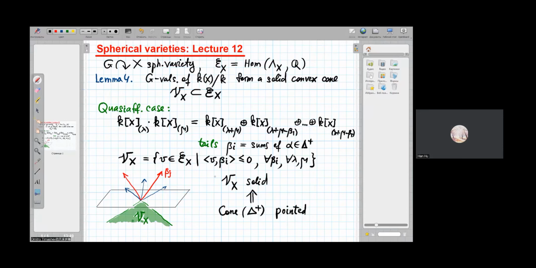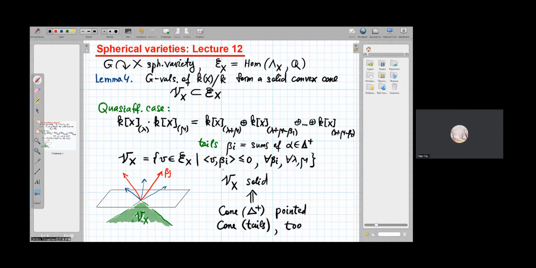And the cone spanned by tails is a subcone in the cone spanned by positive roots, so it is also pointed. While the cone V sub X is opposite to the dual cone of the cone spanned by tails. So when you have a pointed cone, then the dual cone given by linear inequalities coming from vectors in the pointed cone will be solid. This is elementary.